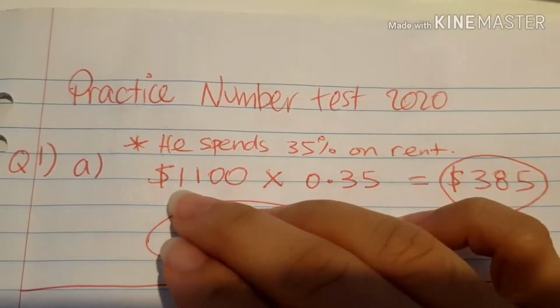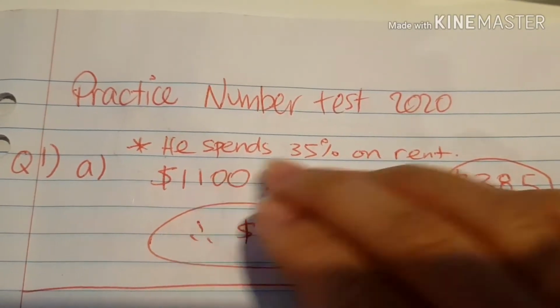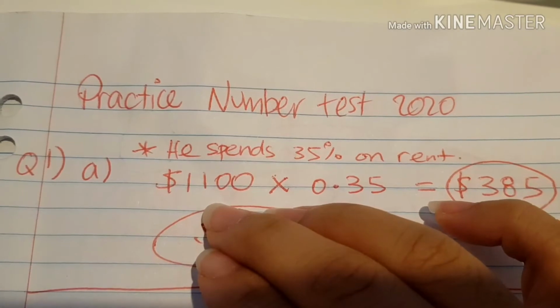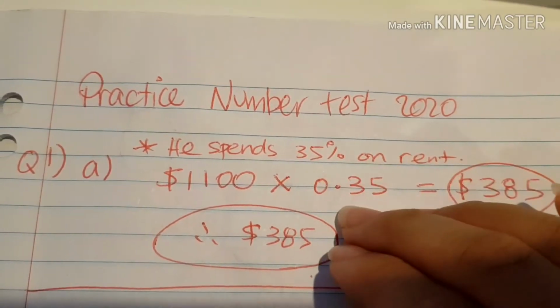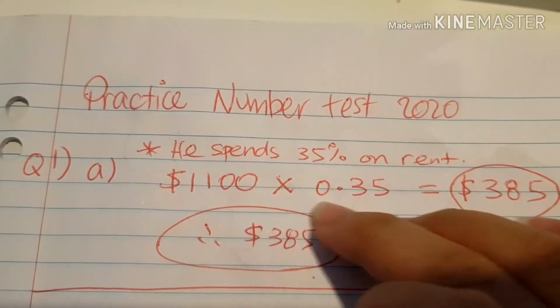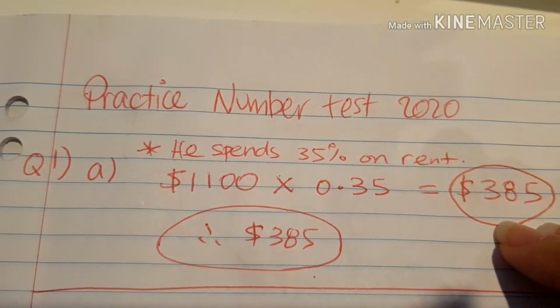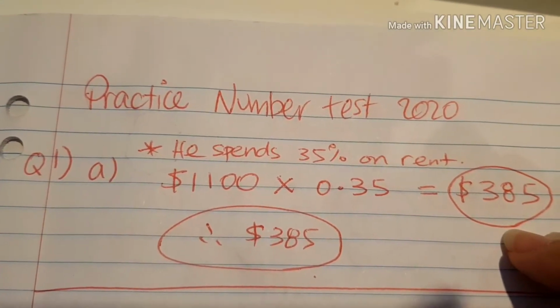He earns 1,100. To find 35% of it, I need to change that percentage into a decimal and multiply it. If I do that, I get 385, which is how much he spends on rent each week.